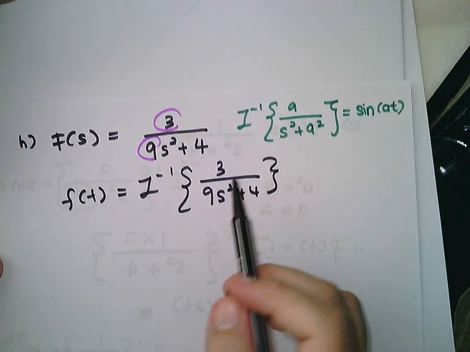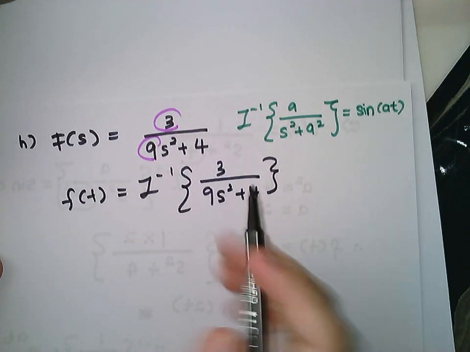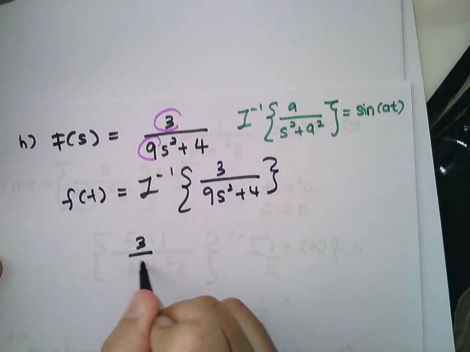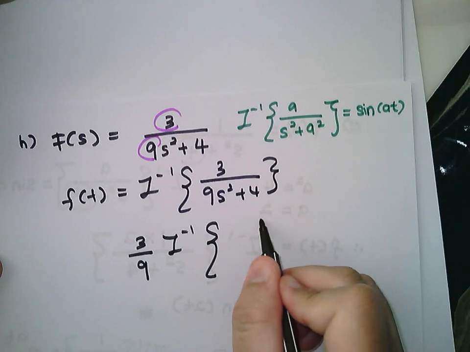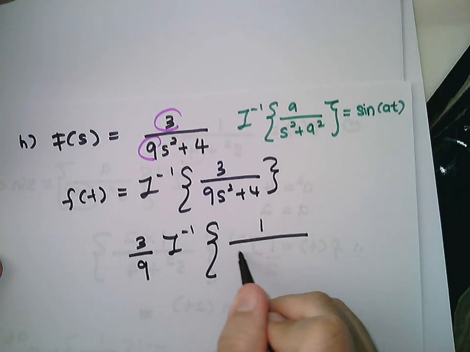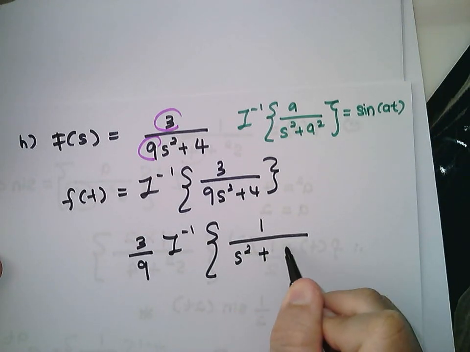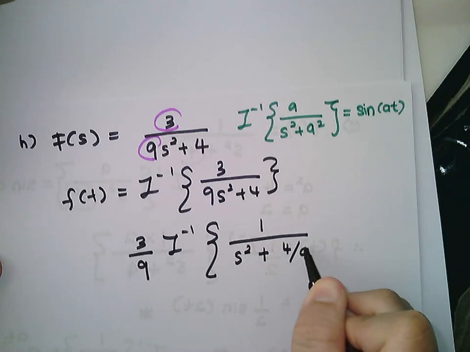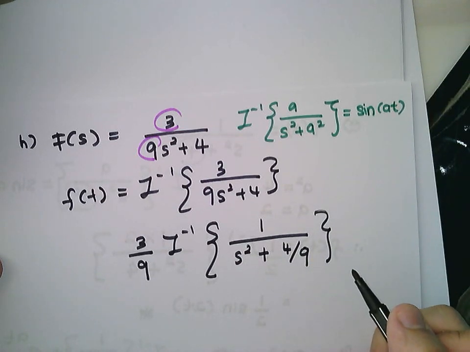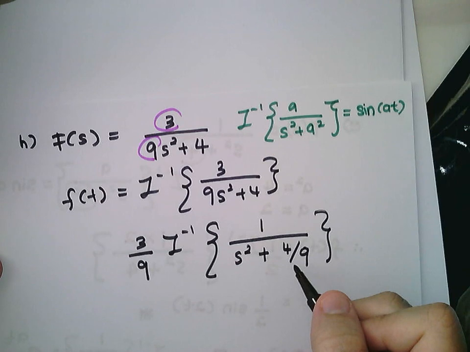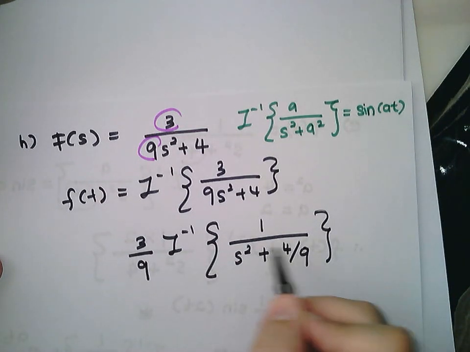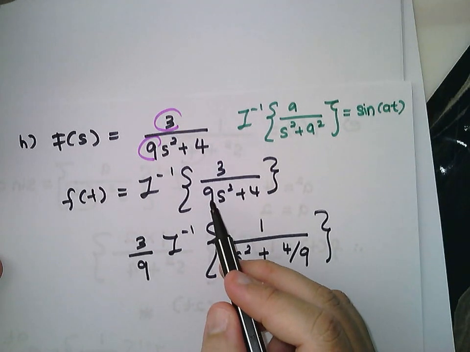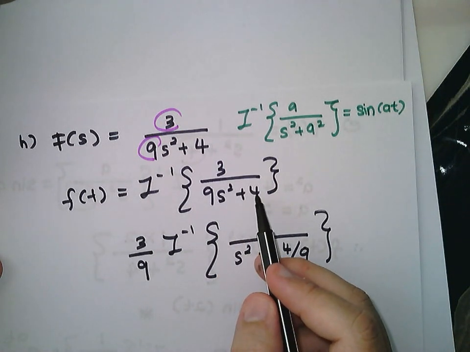So you have a constant 3 over 9. Laplace inverse. So now here you have 1 over s squared plus 4 over 9. Why here is 4 over 9? Because when you multiply back 9 with this expression, you will have 9s squared plus 4.